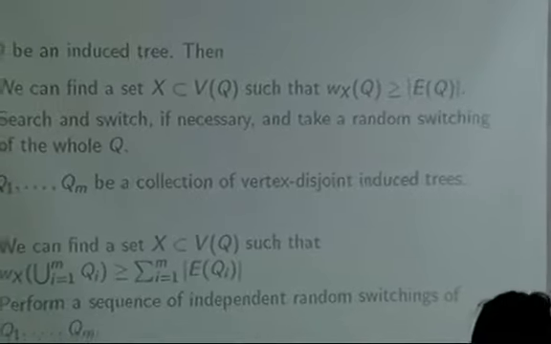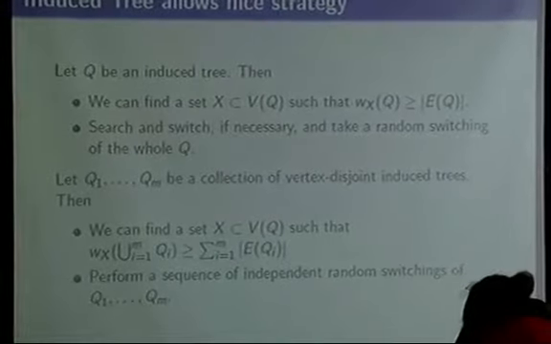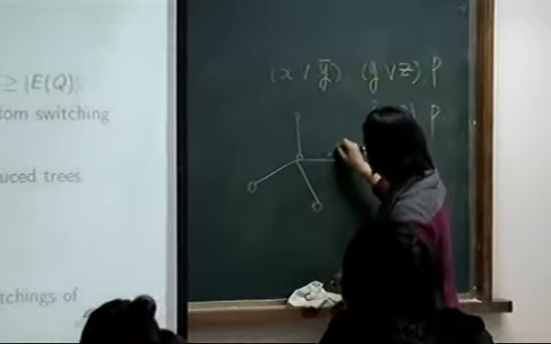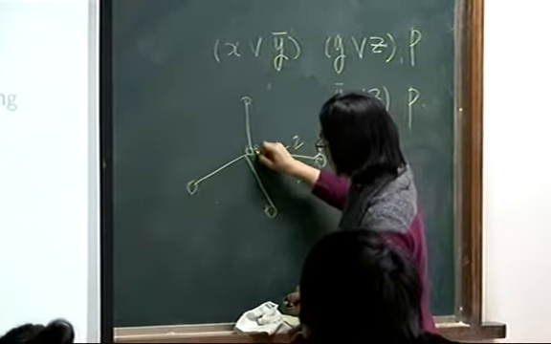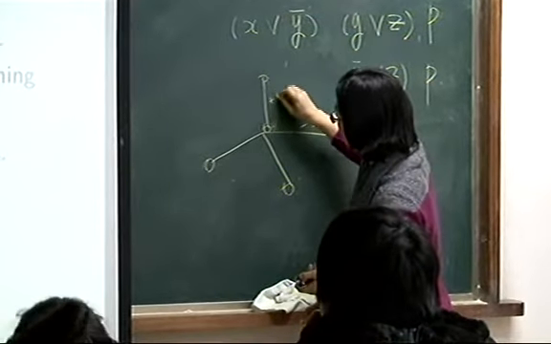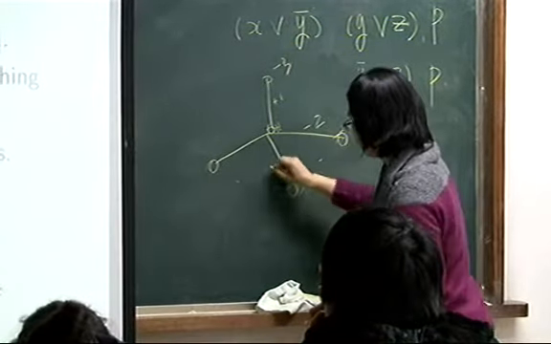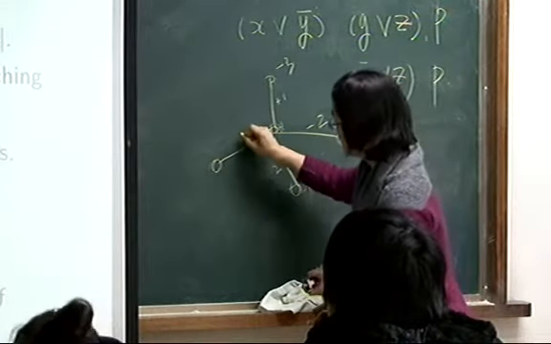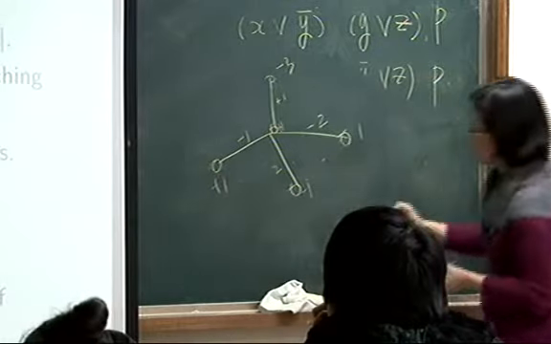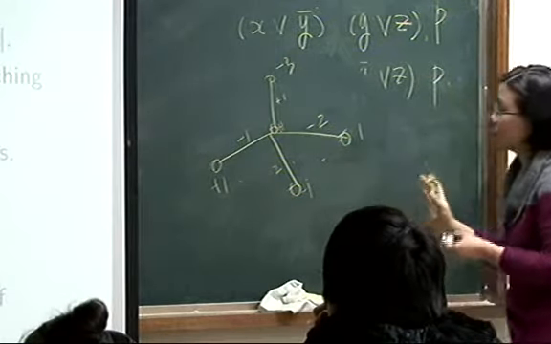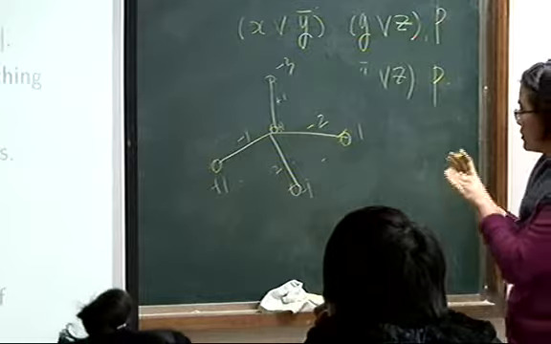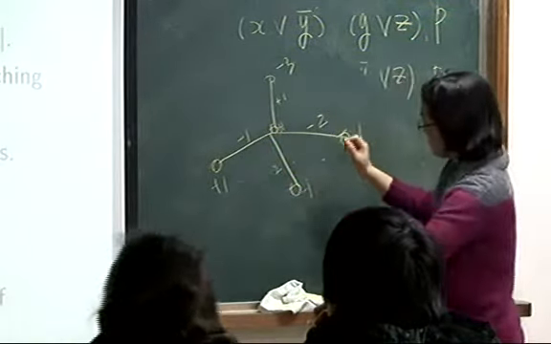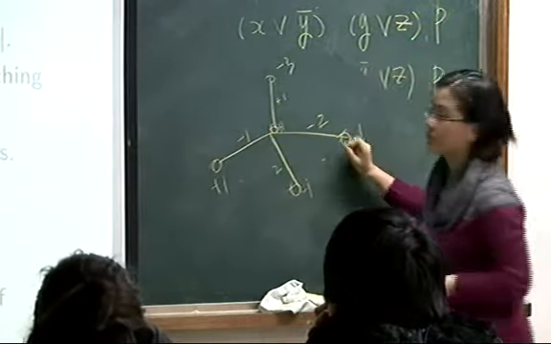It's easy to see that if you have an induced tree, so there is no edge between these vertices other than the tree edges, and you have some weight here, then there is a set of vertices whose switching gives us every edge with positive weight.